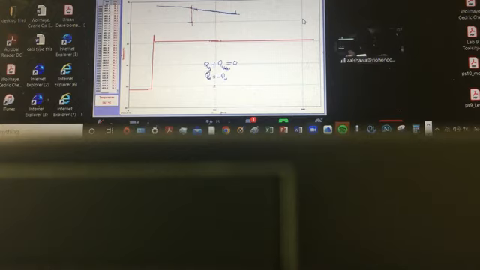Every Q term, every heat term, has three simple terms: mass, specific heat, and delta T. So memorize this on the side. Every Q, every term that represents heat, has in it three terms: mass, specific heat, and delta T. It always has three terms.